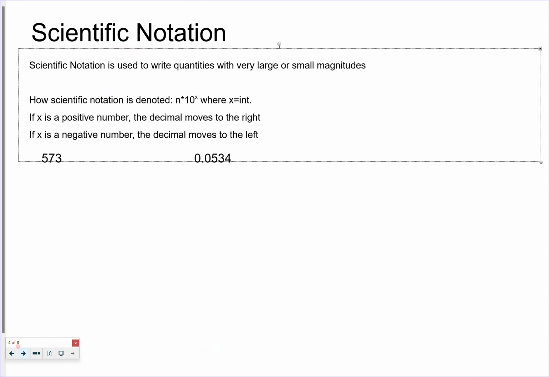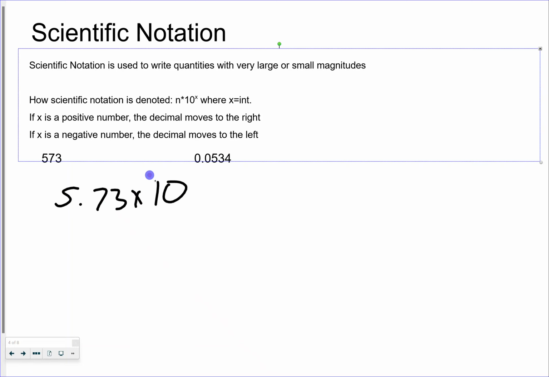Now, when you learn sig figs, you also usually learn scientific notation with that, which just helps to solve numbers with very large or small magnitudes. Scientific notation is denoted by n, which is your number, times 10 to the x, where x is any integer. So if you're trying to put a number into scientific notation, we're going to write this out. 5.73 times 10.